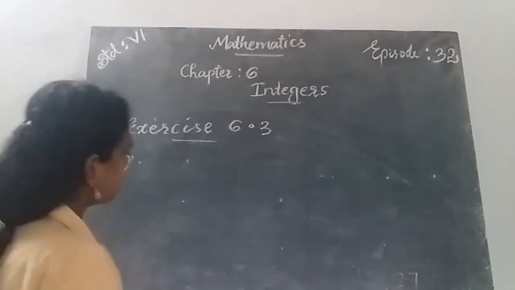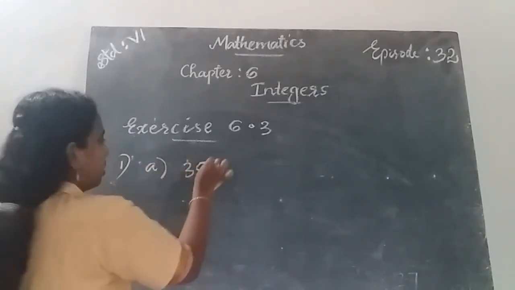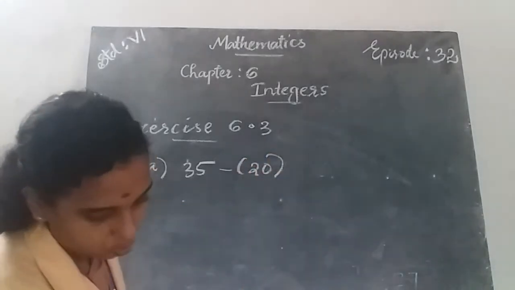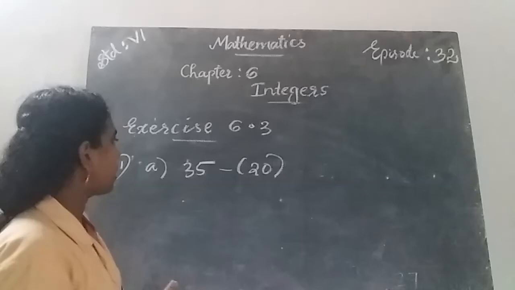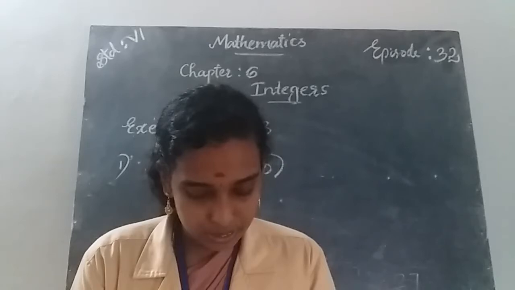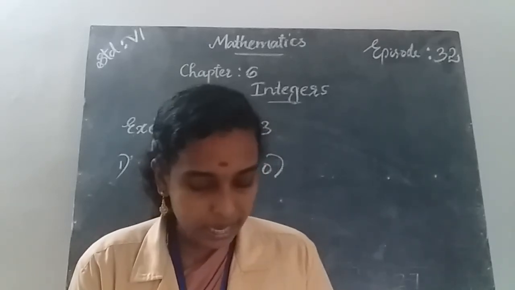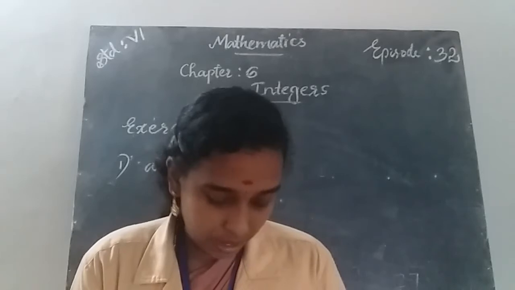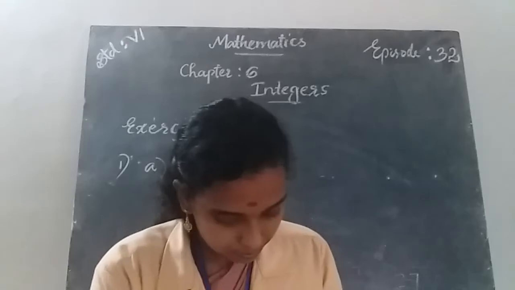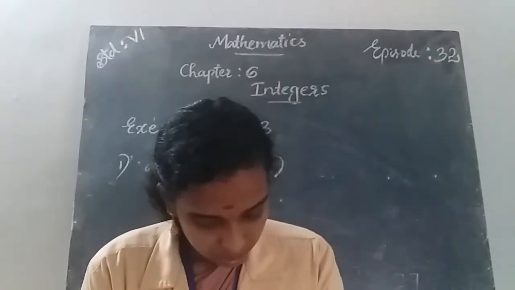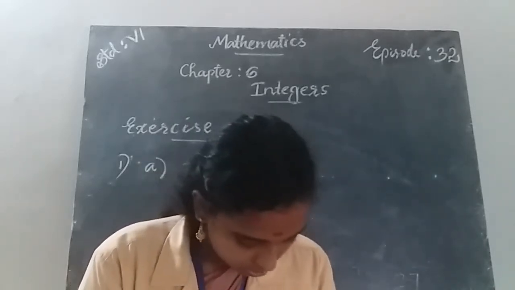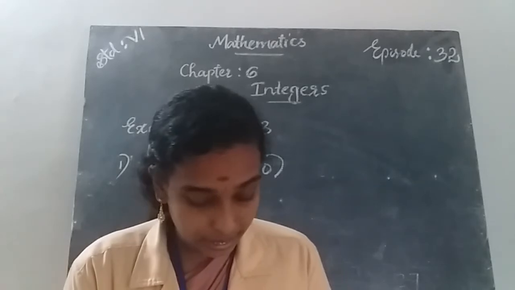First one is find 35 minus 20. Here we want to find 35 minus 20, in your textbook page number 131.